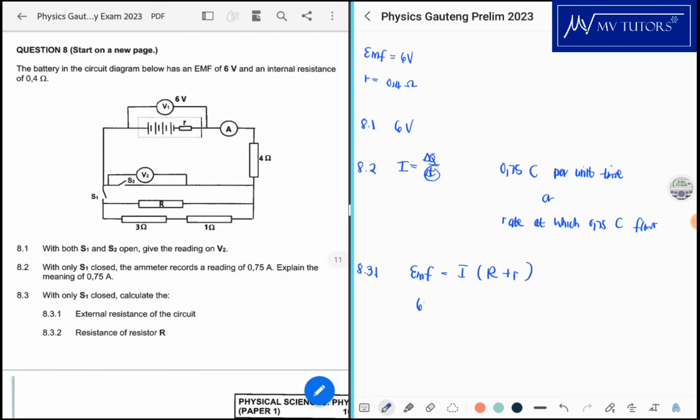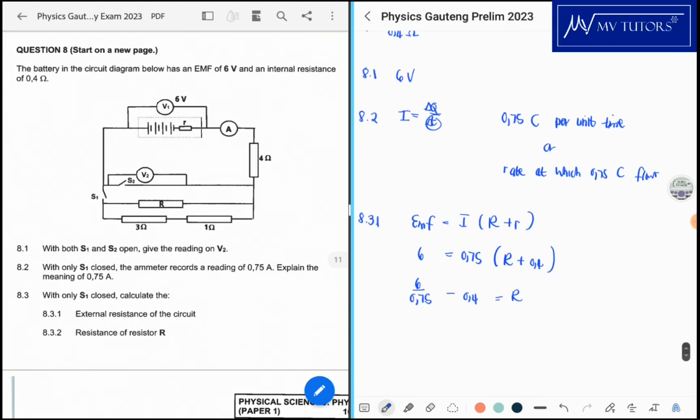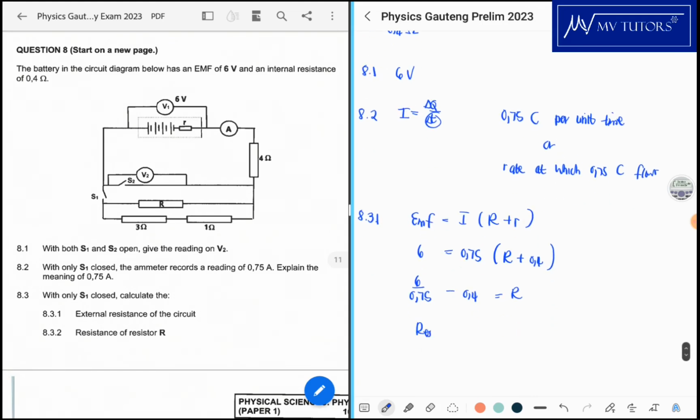The EMF is 6, the current is 0.75, and our internal resistance is 0.4. So our only unknown is the external resistance. So we're going to have 6 over 0.75 minus 0.4 is R, the external resistance.